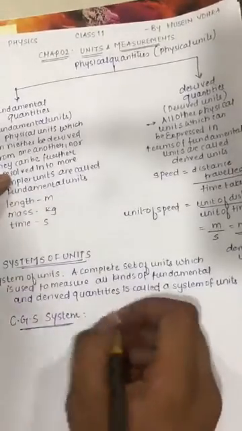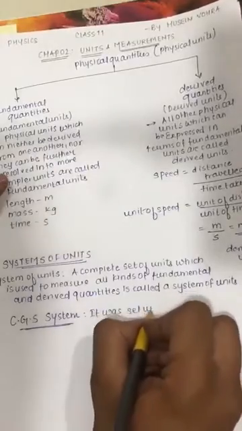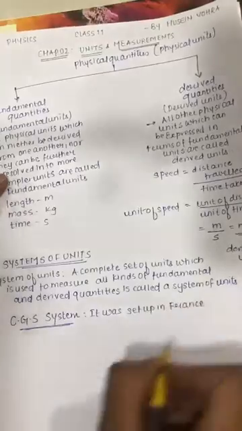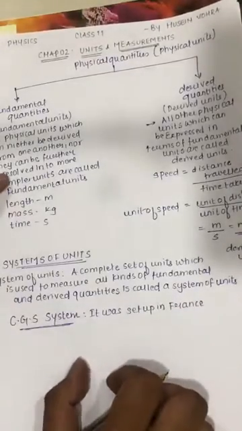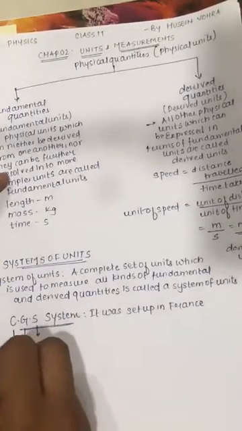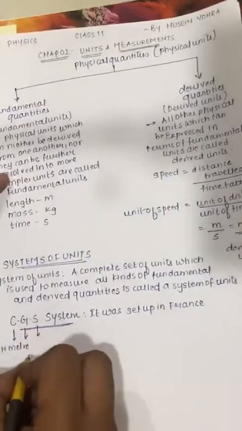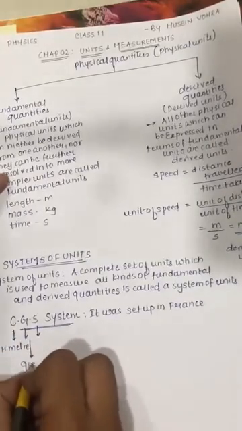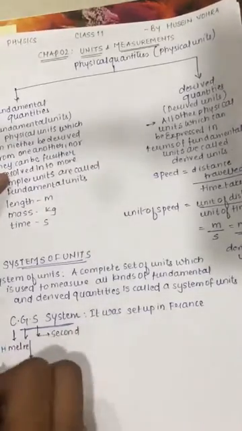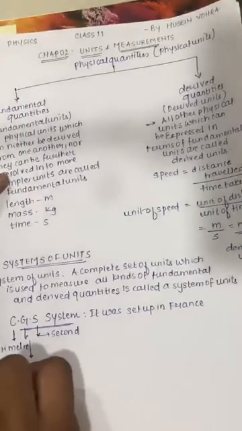It was set up in France, where CGS stands for centimeter, gram, second. For the fundamental quantities, centimeter is a unit of which quantity? That is length.